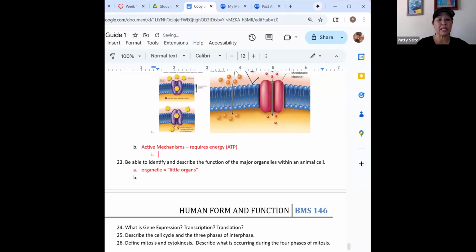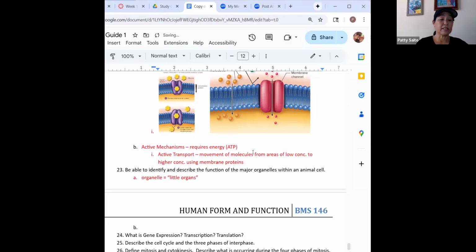Now there's different types of active mechanisms. The first one is actually called active transport. It's not specific, it's general, and we'll look at some specific types. It just means moving molecules against the gradient, going from low to high concentration instead of high to low.